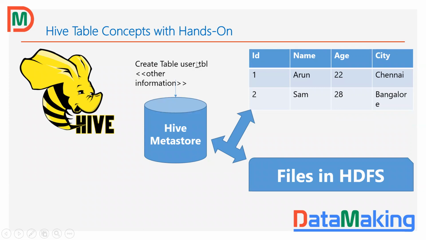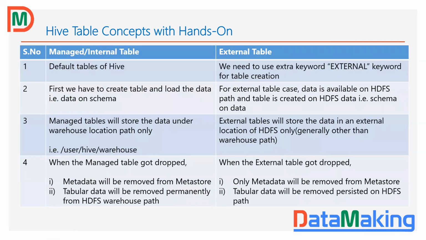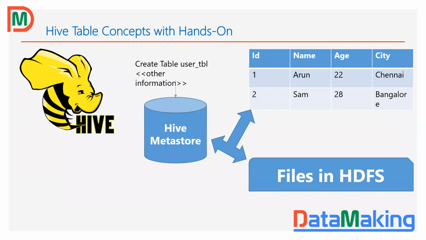When you create a table, the table information is stored in the metastore, and it is then available for you to query. The query is internally converted into a MapReduce job and processed on the data sitting on HDFS. This is the conceptual view of Hive tables.